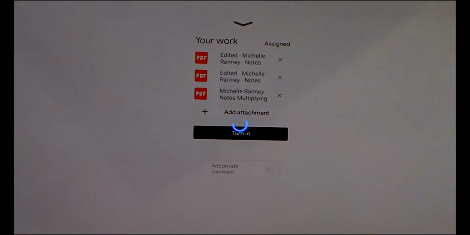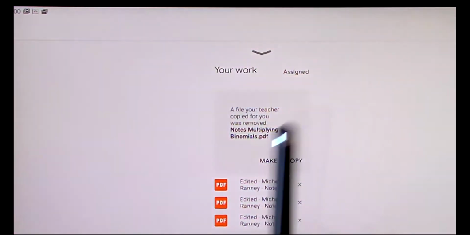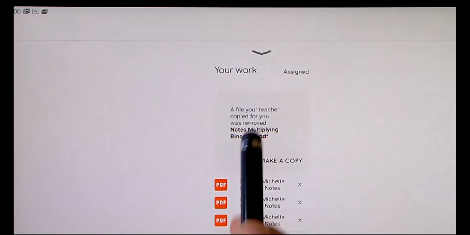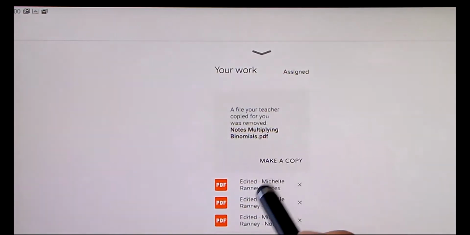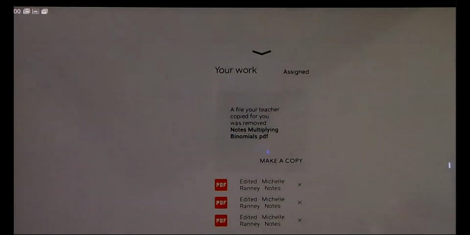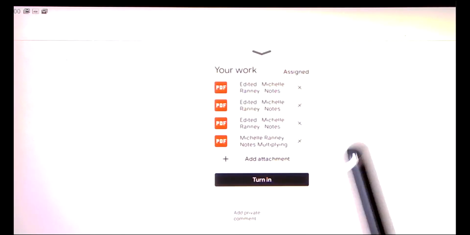Now, sometimes it'll ask you if you want to make a copy because the one the teacher has was removed. So right now it says a file your teacher copied for you was removed. You might want to make a copy because I've had some students who've accidentally deleted theirs and then they didn't have anything. So I usually just play it safe and make a copy, and it's just a blank one. So if you want to come back to it and try again, it'll be there.